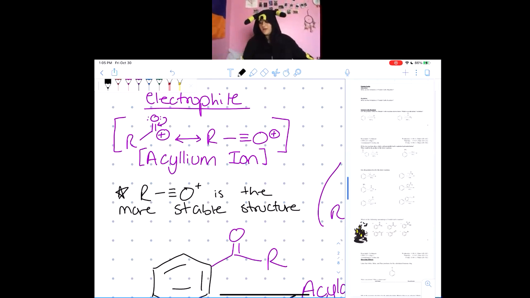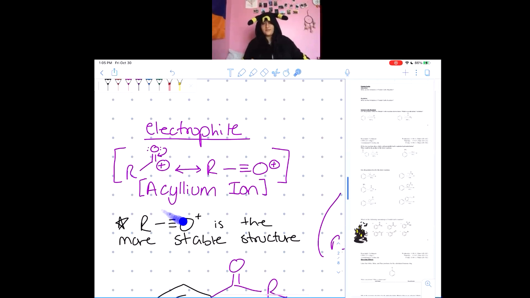I'm glad you brought up the other question about Friedel Crafts because I want to review the acylium ion real quick. The acylium ion is the electrophile for the acylation. All you really need to know is that there are two resonance structures. One of them is more stable, which is this one, but both of them are showing you the exact same thing.